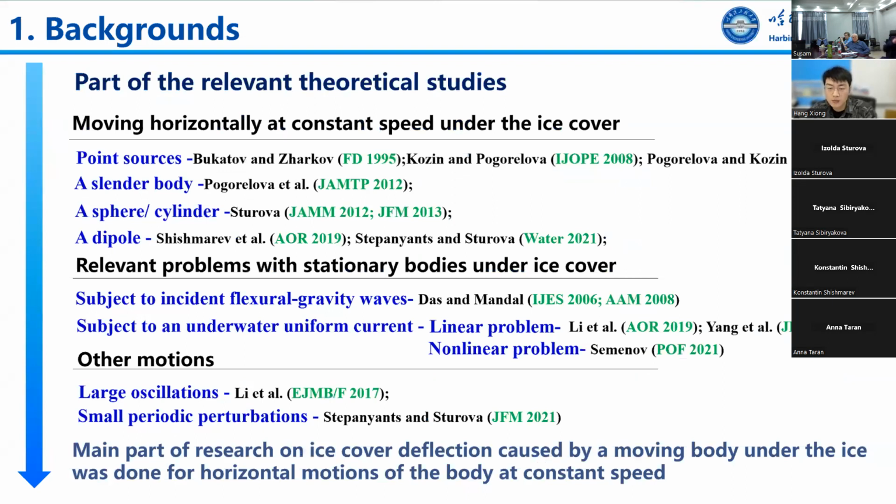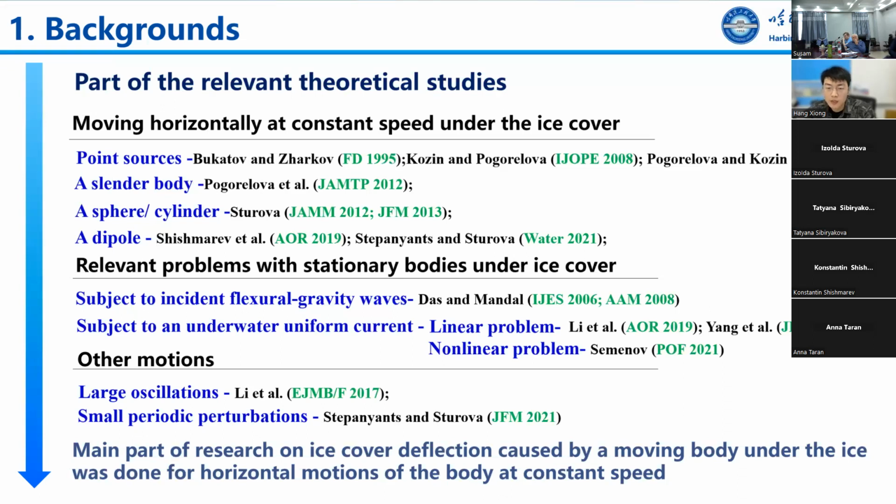From the present studies, we may conclude that the main part of research on ice cover deflection caused by a body moving under the ice was done for horizontal motions of the body at a constant speed.